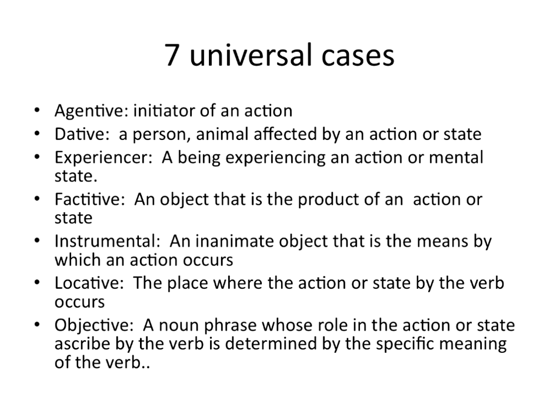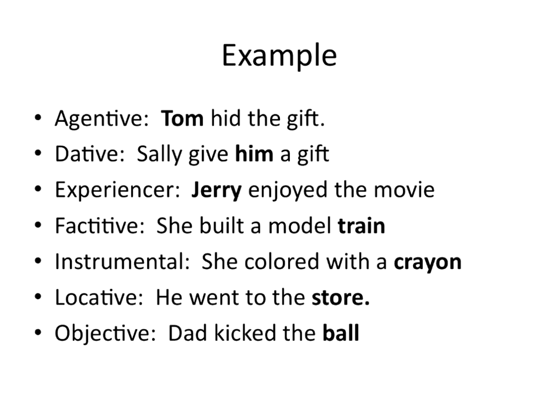It's a meaningful entity. And children don't really get language through thinking noun. They're thinking meaning. So an agent, a dative, an experiencer, a factive, an instrumental, a locative, an objective, and I'll give you those examples on this page here.